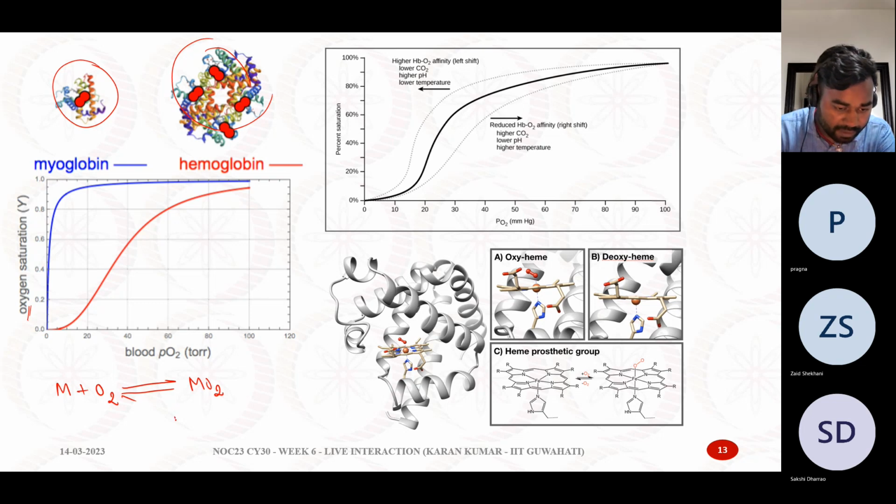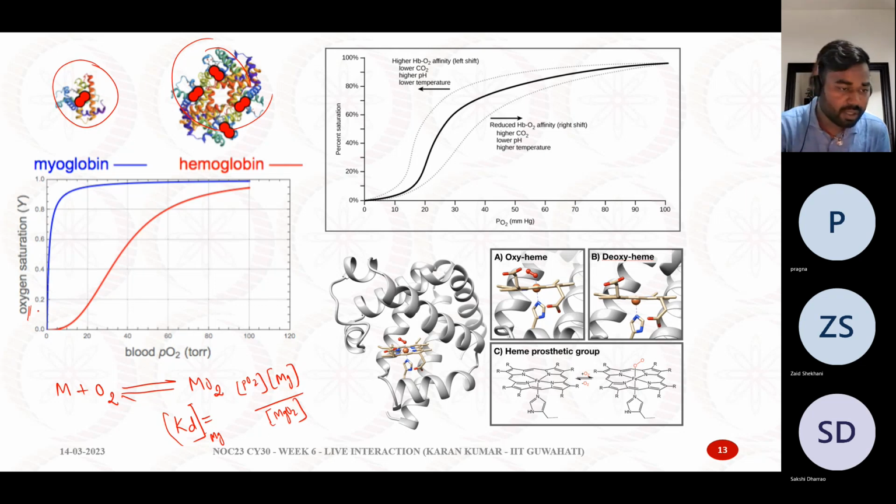So the Kd of myoglobin will be the partial pressure of oxygen times the myoglobin concentration divided by bound myoglobin, right?